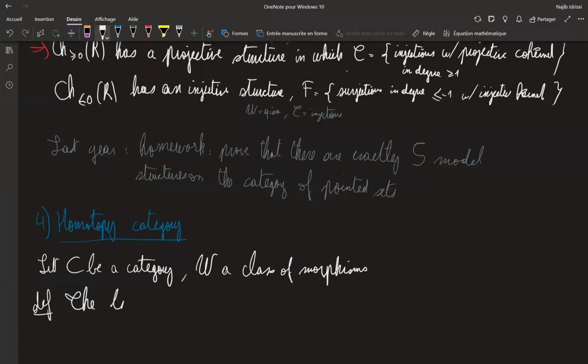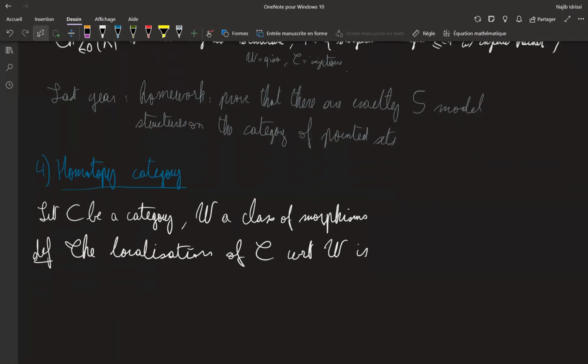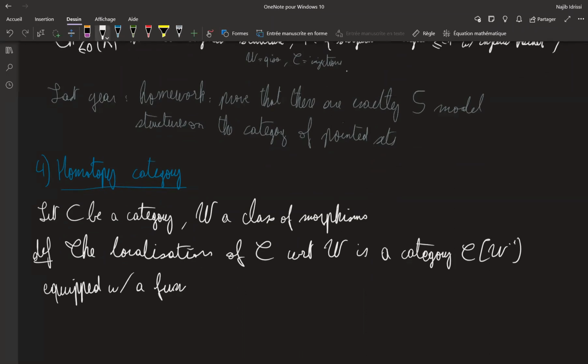The localization of C with respect to W is a category C[W^-1] equipped with a functor lambda from C to C[W^-1], such that, someone asked me before, I think you have to add it in the definition, two conditions.